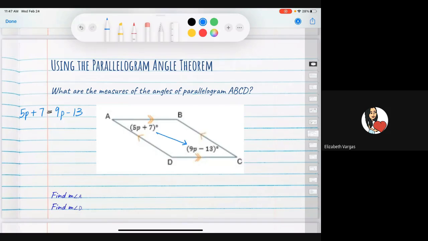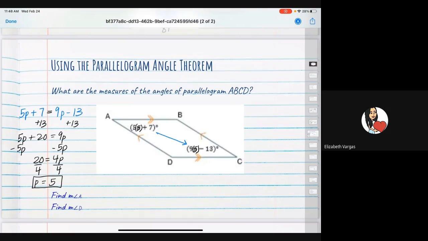And I'm looking for P, so I'll use my algebraic process to find P. So P equals 5. So now that I know that P is equal to 5, I could technically plug 5 into each of these and find out what those angle values are.